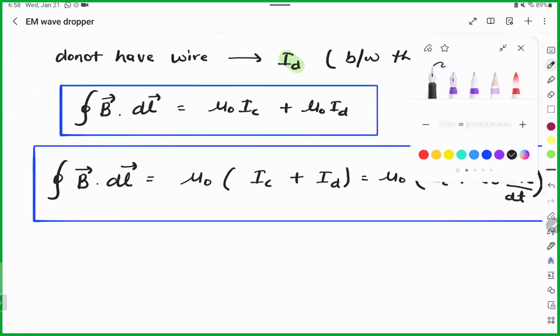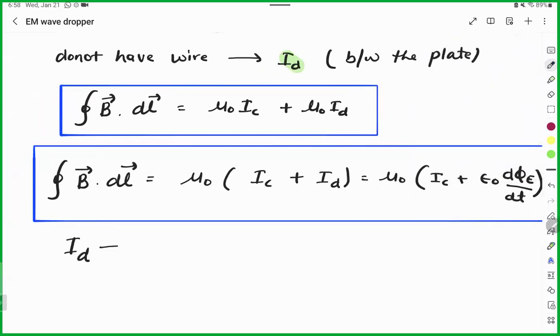Even your displacement current is the source of magnetic field. Any doubt, guys? So displacement current is done.